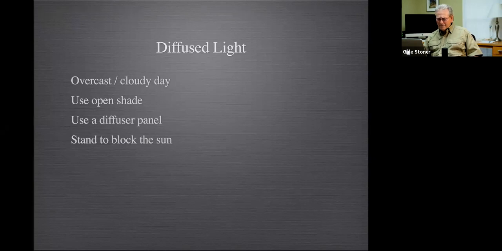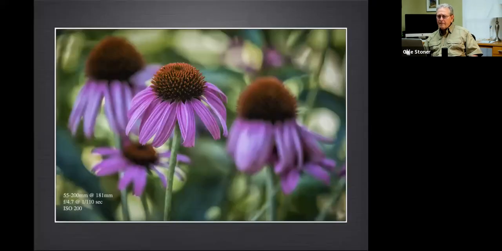I like to keep it simple, and something just as simple as standing in between the flower and the direct sunlight. Create your own shade, and again, it's helpful if you've got somebody with you that can get in the right position, because your composition or the angle that you're wanting to shoot that flower may not permit you to be standing in the shade yourself.